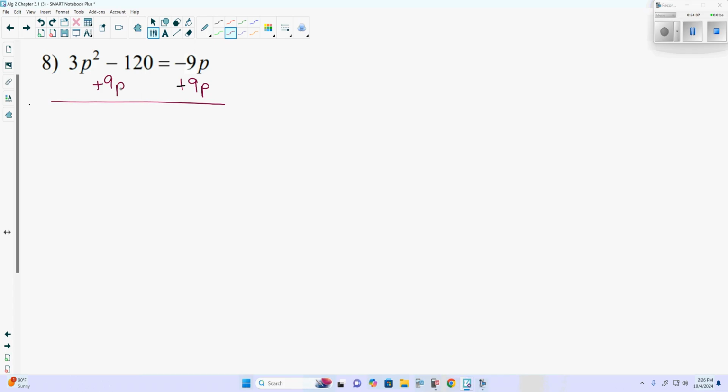Because we can divide by 3, there is a way, not so much 9, but 3 does work. But we just need to move it. We can add or subtract it to get it to the other side, because negative 9p plus 9p is indeed 0.